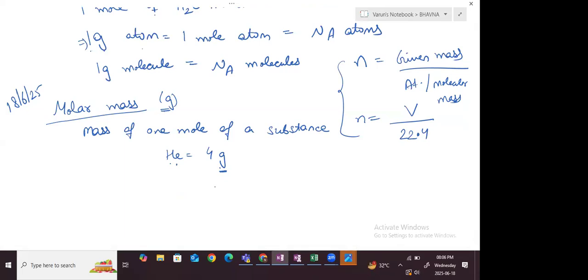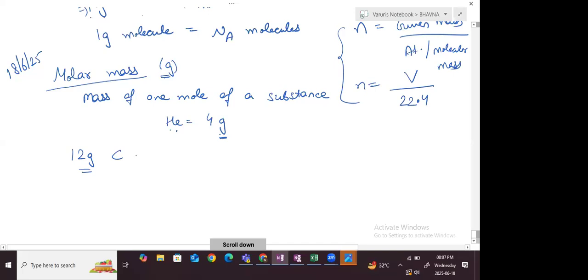Okay, ma'am. Now the unit concept is clear, where we have to use gram and where we have to use U. It will be in two forms, grams and unified mass. Gram refers to the mole concept. Correct. For 1 mole we use gram, otherwise we use unified mass. As if I say 12 gram carbon, it means 1 mole of carbon has a mass of 12 gram.